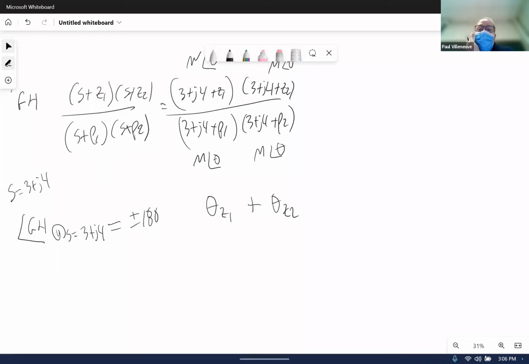So you got the two angles in the numerator. You added them together. How do you take into account the angles of the denominator? Look back at the stuff that we presented today and see if there's anything that will help you. How would you include those angles that are associated with the two poles?